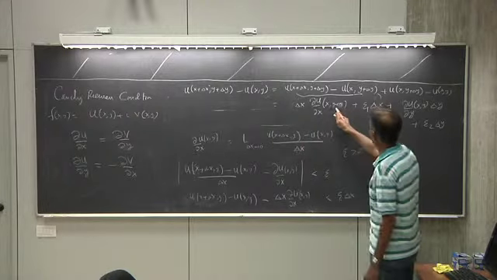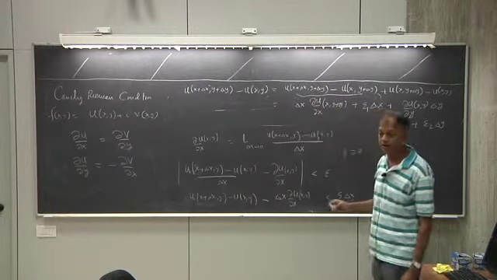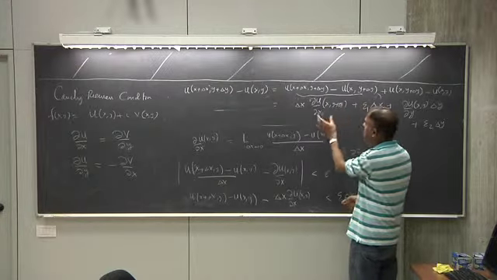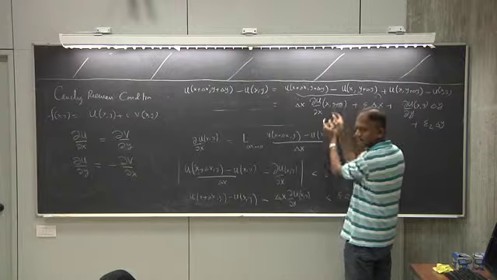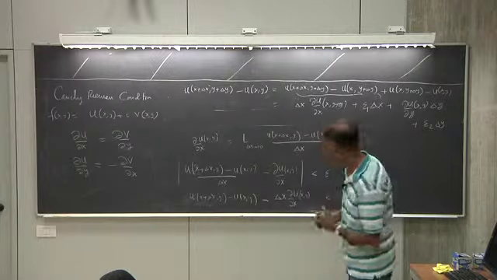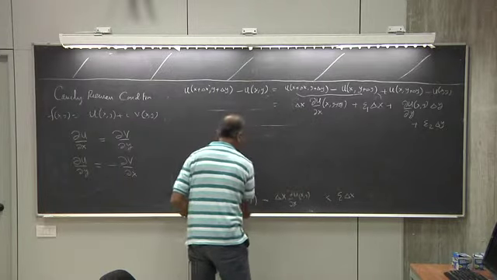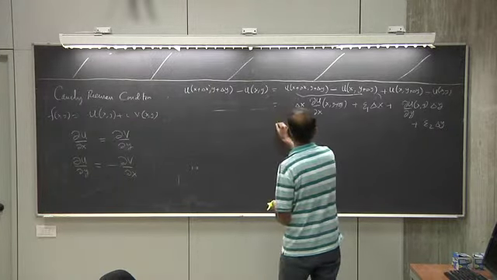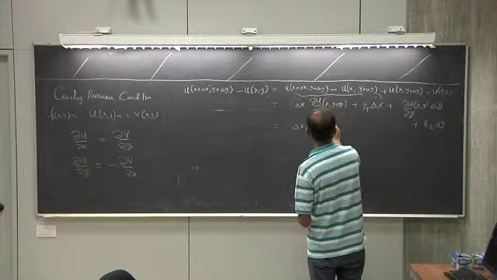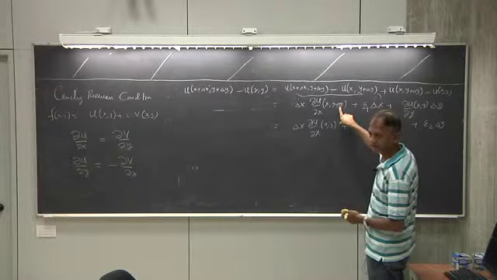But now I want to use the fact that this is continuous. We are saying that partial derivatives are also continuous, which means although this is du by dx at x comma y plus delta y, this will be the same as du by dx at x comma y plus some small correction. So this will be equal to delta x du by dx at x, y, plus a small correction, which will go to 0 in the limit delta y goes to 0.